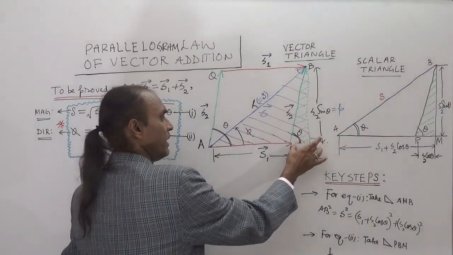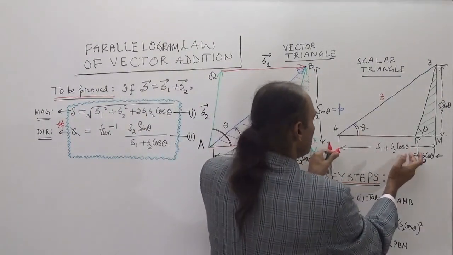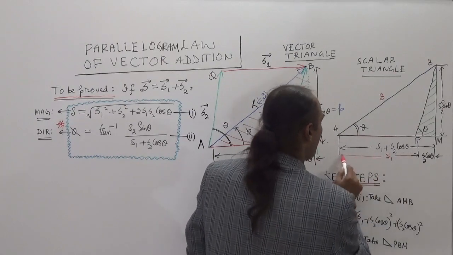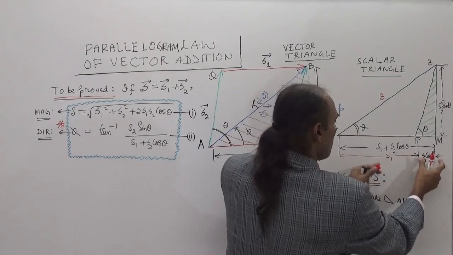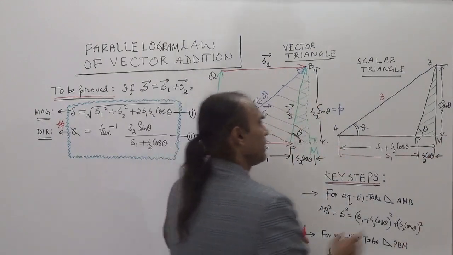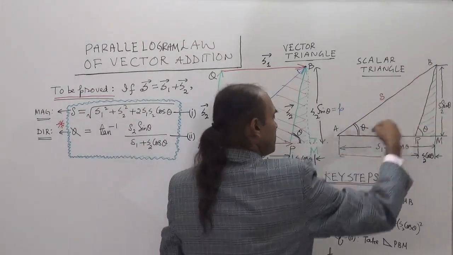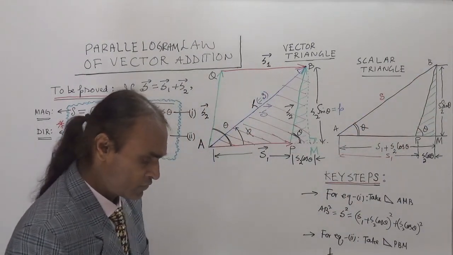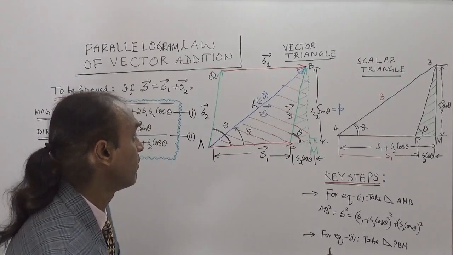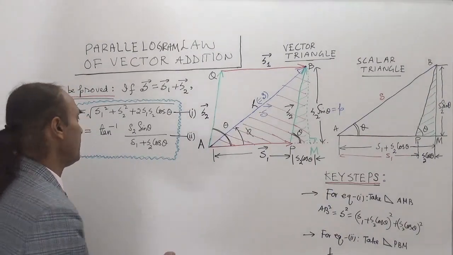This is S2 cos theta, and this is S1. Therefore this is S1 plus S2 cos theta, and this is S2 sin theta. And we have to start from the triangle PMB.